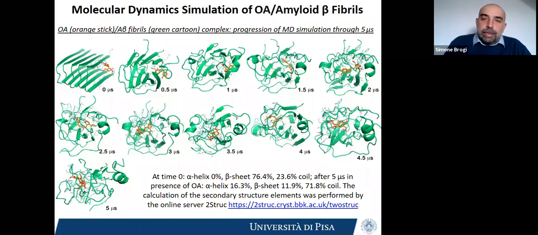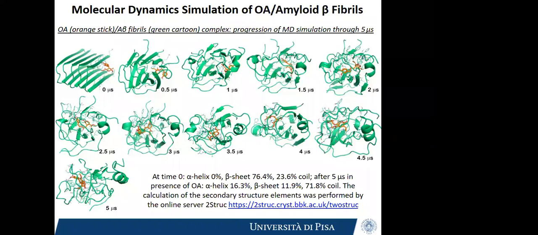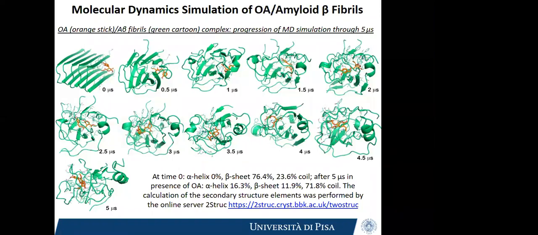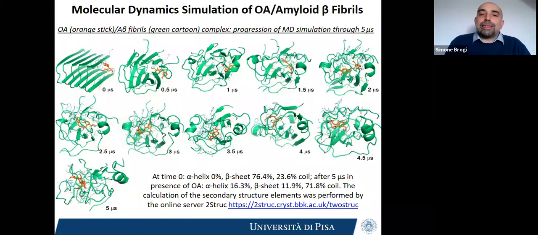In particular, the molecule seems to cut the preformed amyloid beta fibrils, being able to induce a strong destabilization of the system starting from about 2 microseconds. For the rest of the simulation, as you can see, the molecule goes deeply into the fibrils, targeting the hydrophobic region principally, causing a total disaggregation of the fibrils.